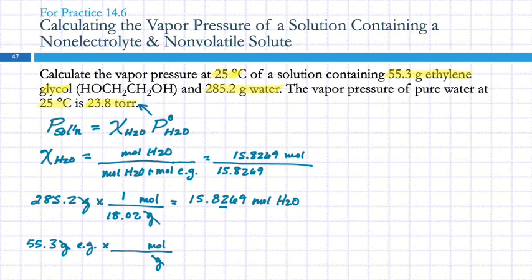And there's 2 carbons times 12, and there's 2 oxygens times 16. 62.068. This is 0.89096 moles of ethylene glycol.